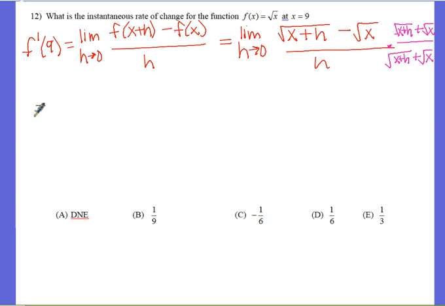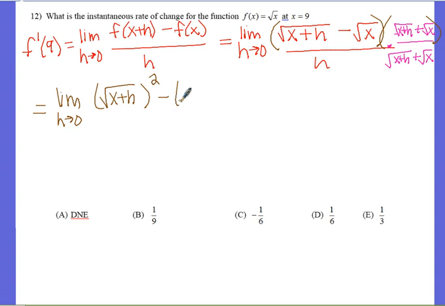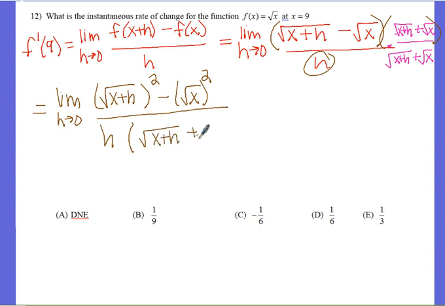We get that the limit as h goes to 0, the numerator, that's the a minus b times a plus b, which gives me a squared, the root of x plus h, squared, minus b squared, root of x, squared. And then the denominator, we still have the h right here, multiplied by, and a lot of you forgot the set of parentheses right here, we're multiplying by this whole quantity right there.